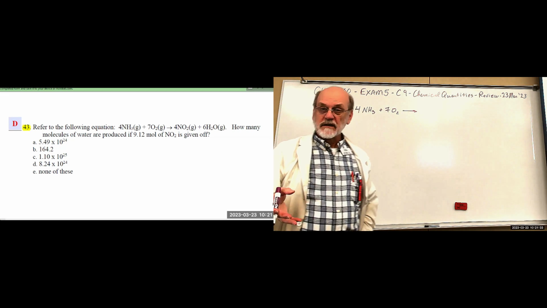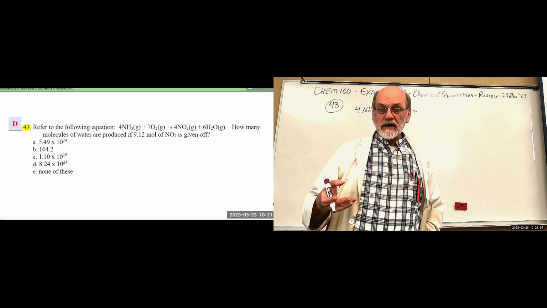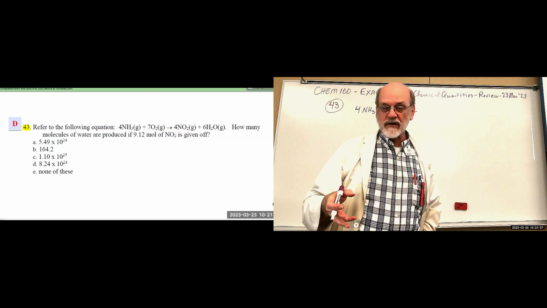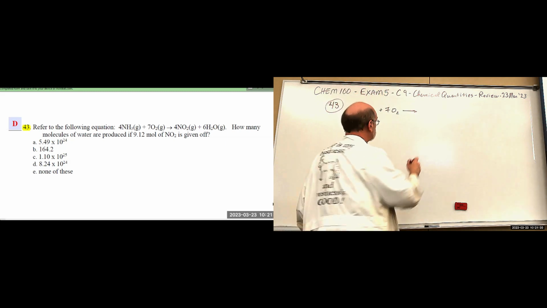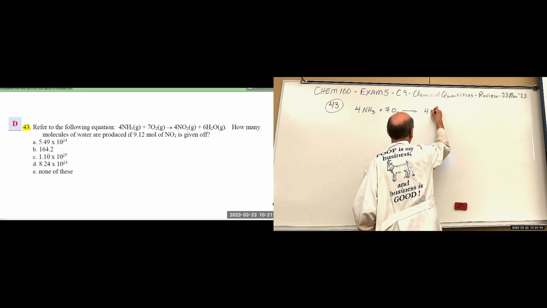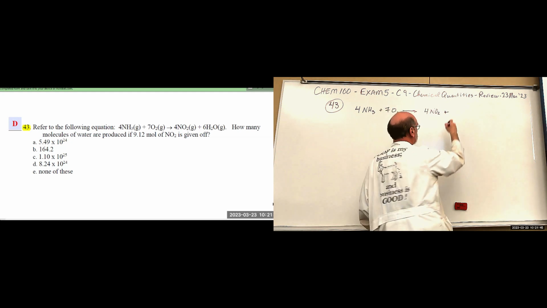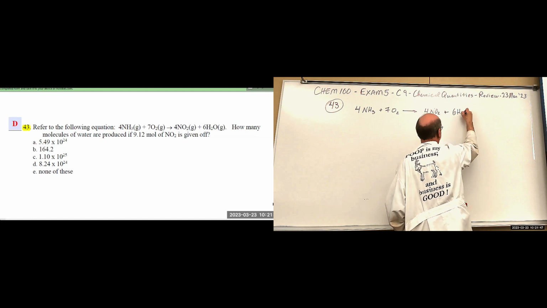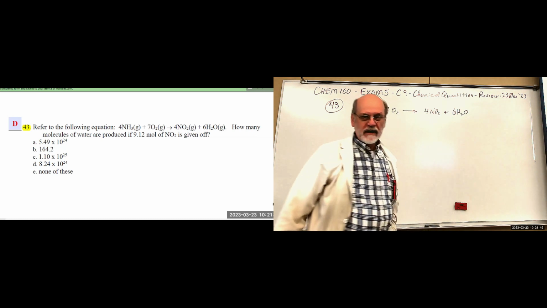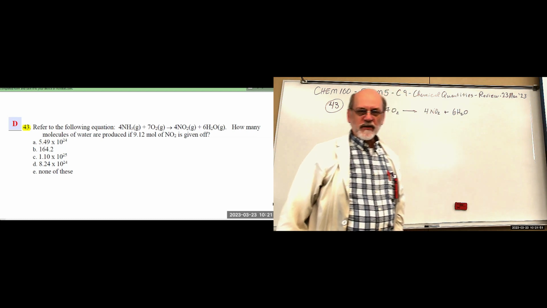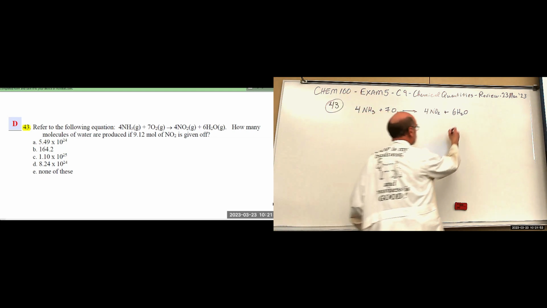What are we doing? We're burning ammonia. It's a combustion reaction. 4 NO2 plus 6 water. Okay. How many molecules of water are produced?